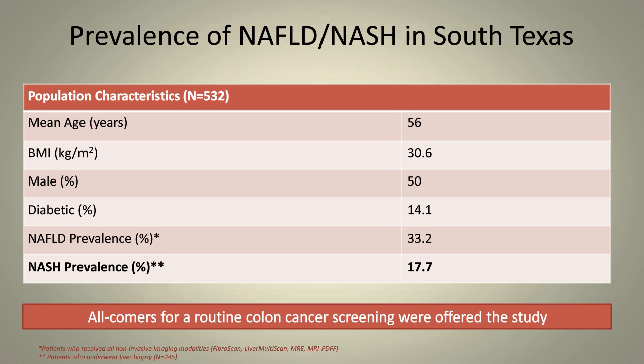However, this is a sobering statistic, and it actually comes to us as the only prospectively obtained prevalence number in the world. There's no other study you can look at that prospectively has defined the prevalence of NASH with liver biopsy. So this is what we have to go on, and so this is what I believe to be true.